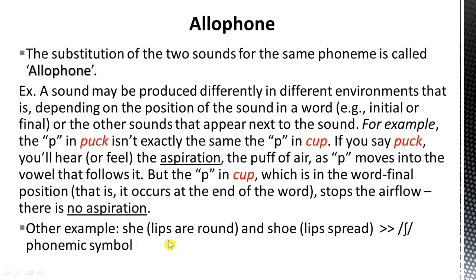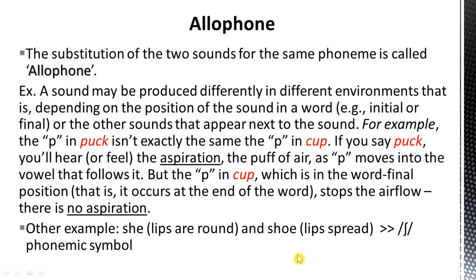The other example is see and shoe. When you pronounce see, your lips would be round, and you can identify this personally. And when you pronounce shoe, your lips would spread apart.